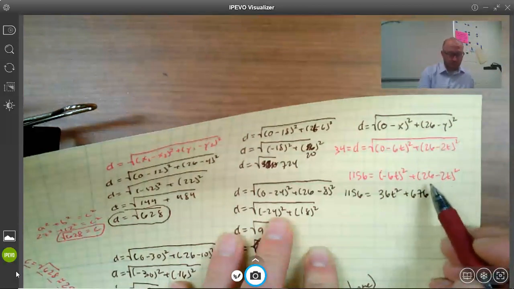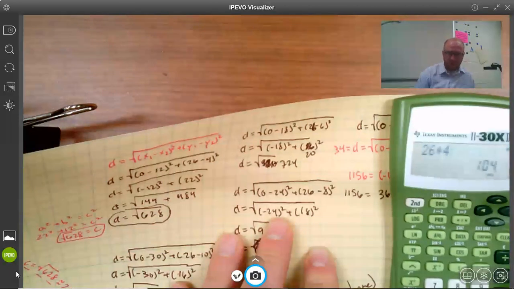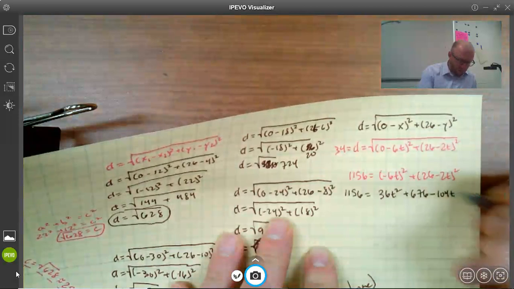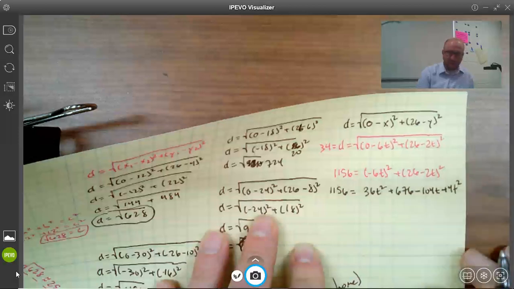So that'll be 26 times 4. Make sure I'm not making any stupid mistakes here. 104, minus 104t, and then plus the 2t squared, so that's 4t squared.